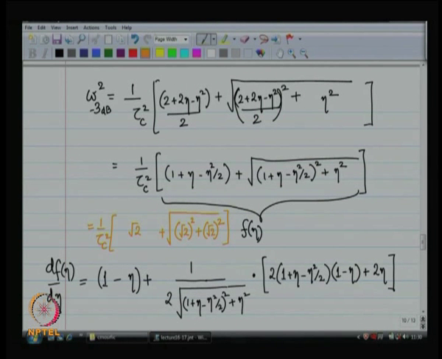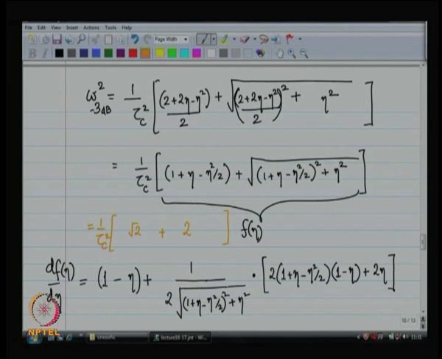Square root of 2 squared plus square root of 2 squared is 2 plus 2, which is 4. Root of 4 is 2. Plus square root of 2 is something like 3.4.